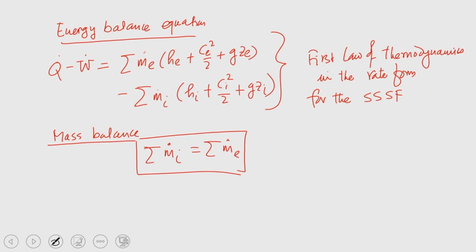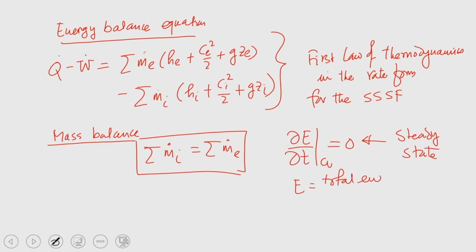I would like to discuss that we have written dE by dt within the control volume equal to 0, and this is essentially for the steady state. Now, why I would like to do this exercise: this E is the total energy, so this is nothing but m into specific energy.